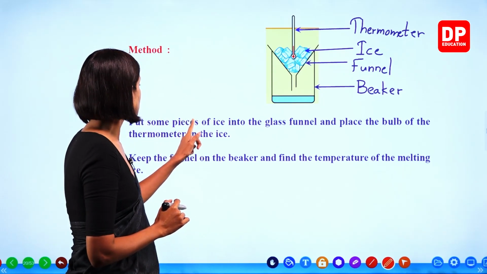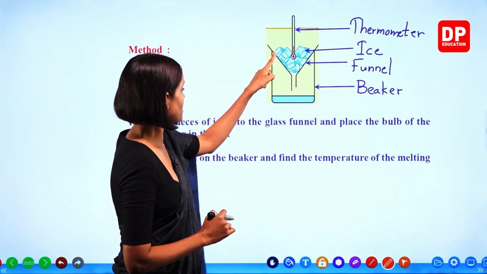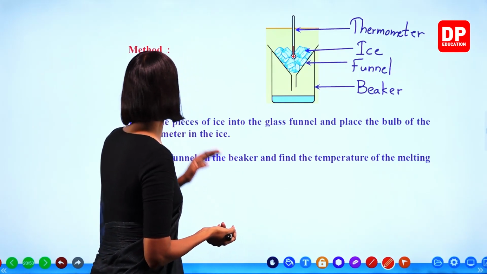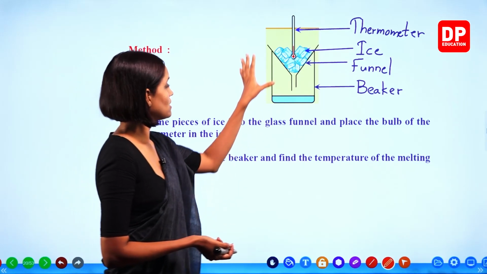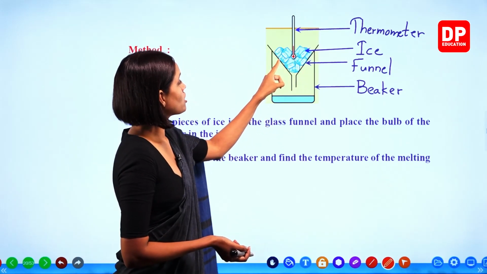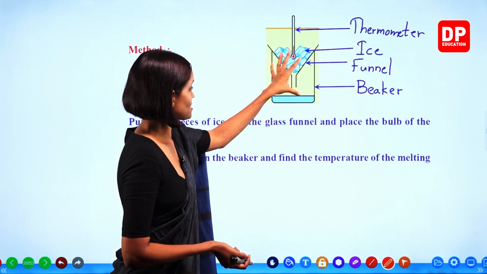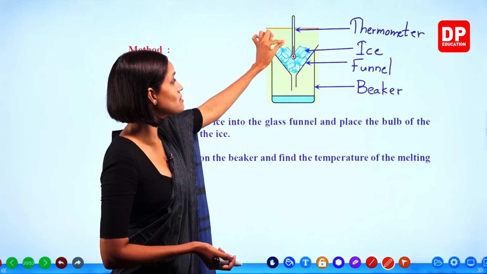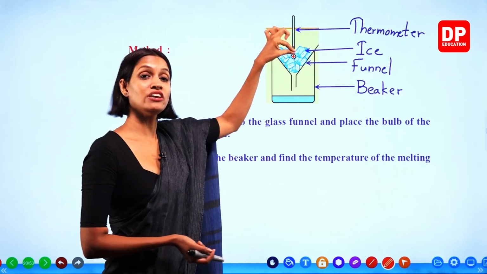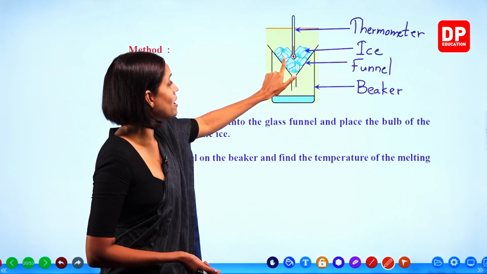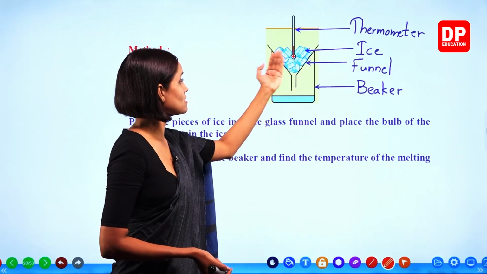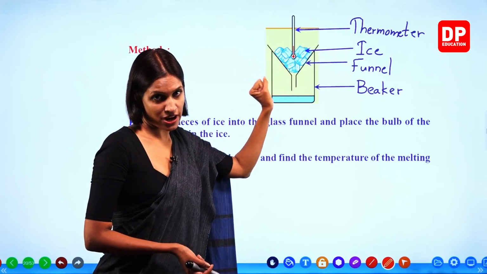So put some pieces of ice into the glass funnel and place the bulb of the thermometer in the ice, right? So you have to set the apparatus like this. You have to put some ice cubes into this glass funnel, and you have to immerse the bulb of the thermometer in between the ice. When you do this, make sure the bulb is nicely covered, surrounded with pieces of ice.